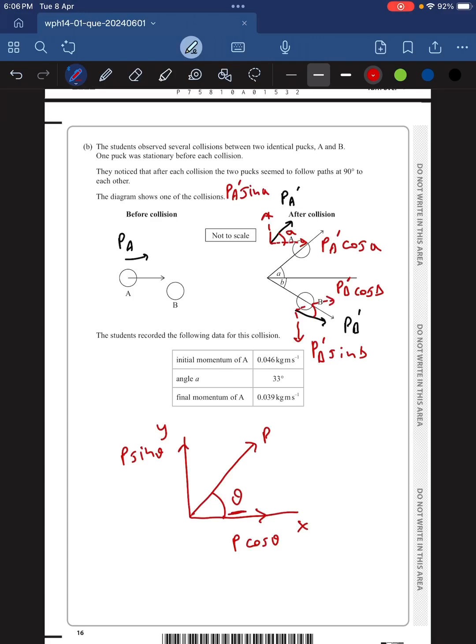So the component that touches the angle theta is the cosine theta, and the component that doesn't touch the angle is P sine theta. That's the trick I use.